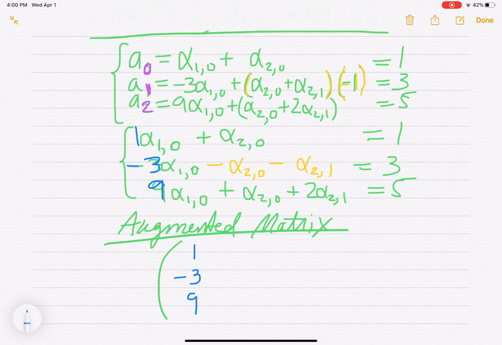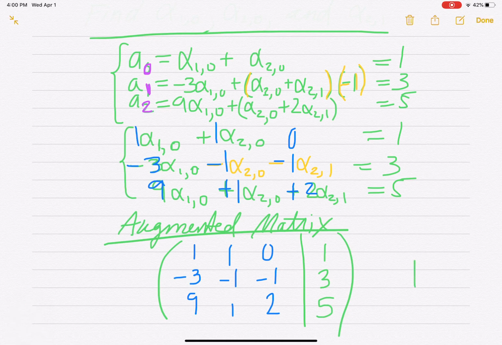In the second column, I'm going to have coefficients 1, negative 1, positive 1. In the third column, I'm going to have 0, negative 1, positive 2. I'm going to put a bar that represents the equal sign, and then on the right-hand side 1, 3, and 5.